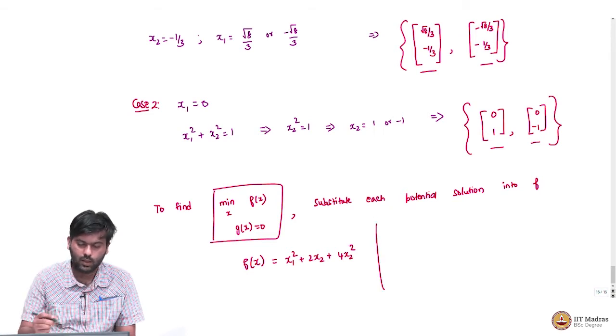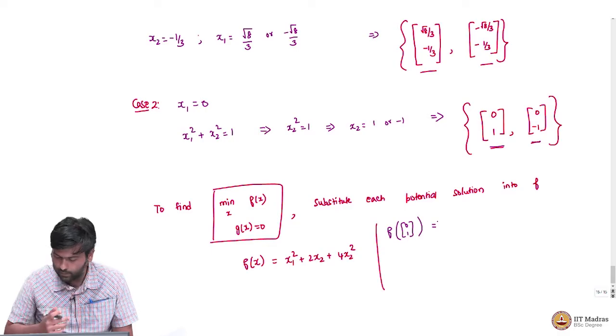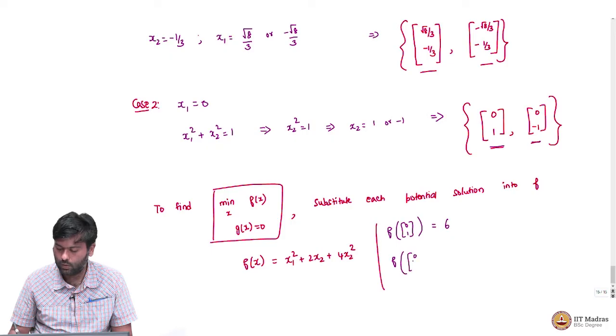Let us do the simple things first. f of 0, 1 is simply 2 plus 4, which is 6, and f of 0, minus 1 will be minus 2 plus 4, which is 2. These are the two values.